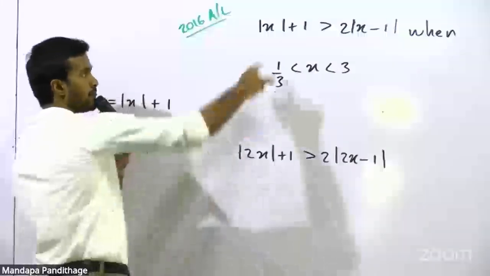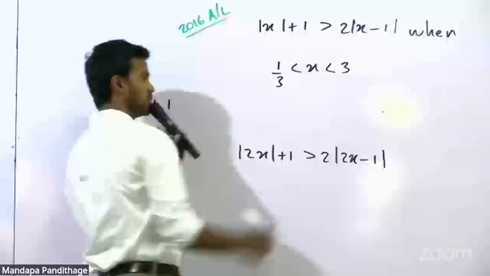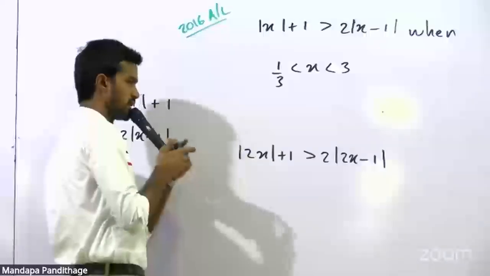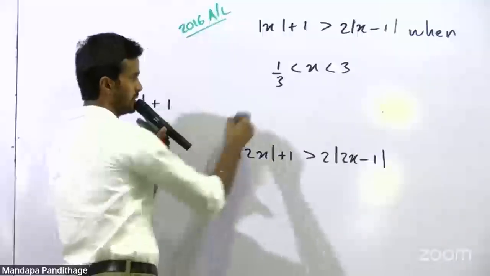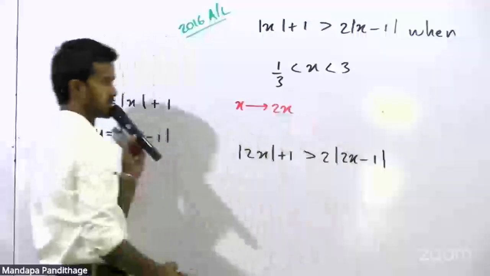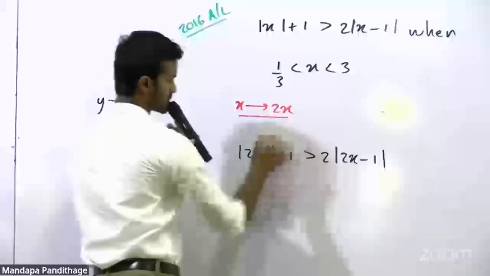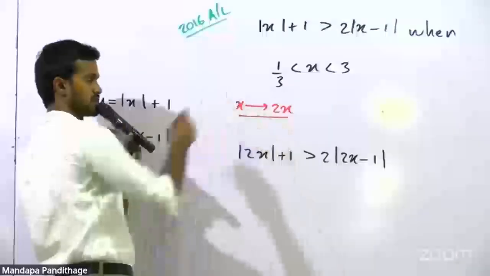So it's clear x has become 2x. So what is the substitute that I'm using here? I'm going to replace x by 2x, and this is the substitute that I'm going to use.